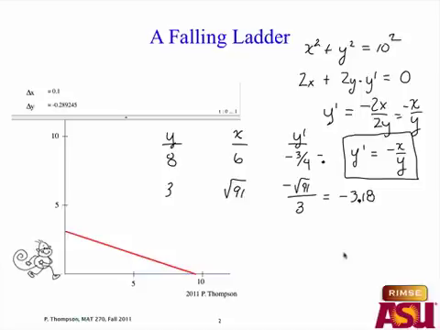Okay, so what story? We got negative 0.75 and negative 3.18. What story are these rates of change telling as the ladder falls? What do these numbers tell us about the ladder falling? How do you know it's speeding up?